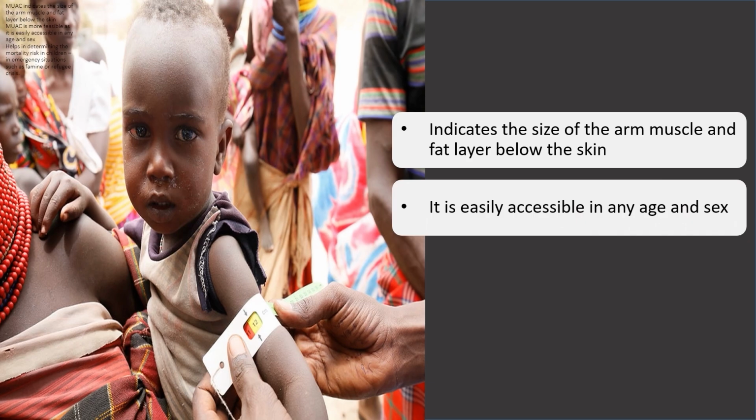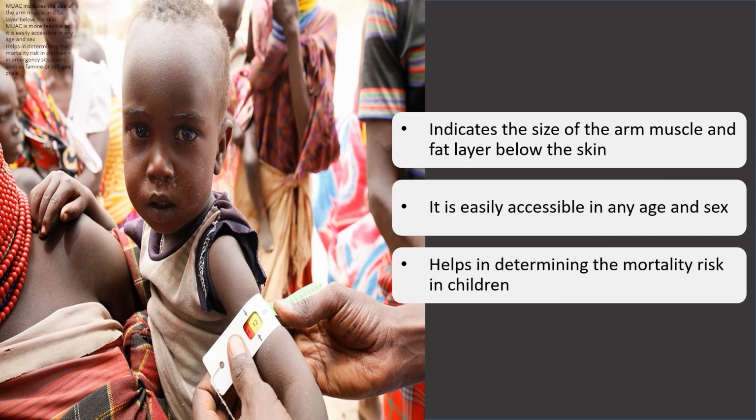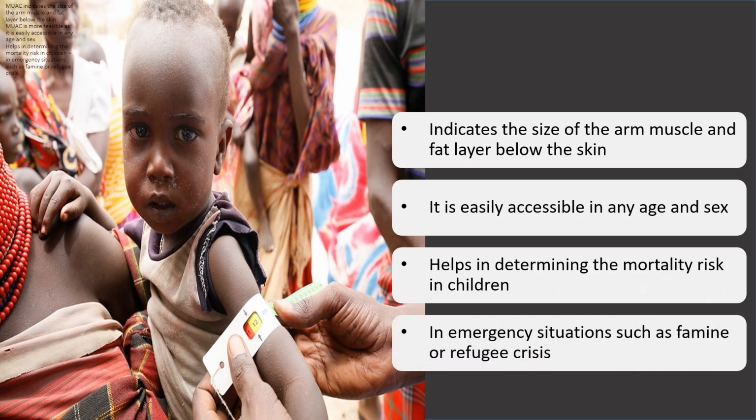In a community setting where it may be very difficult to assess the age of the child, for all children under 5 years of age, just measuring the mid-upper arm circumference will help determine the mortality risk or the nutritional status of that child, particularly in emergency situations where we may not have the instruments required for height and weight.